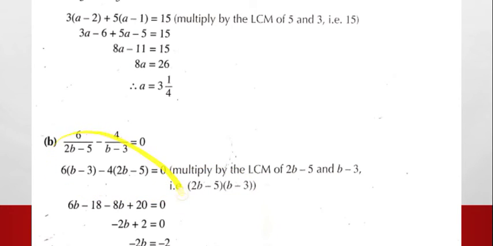So you times 2b minus 5 times b minus 3 to both sides. So you have b minus 3 here, and you have the 2b minus 5 here, and you have nothing here because it's 0, right? Anything times 0 is just 0. Well, that helps make it simpler here. So you only have to deal with this. It's very easy.